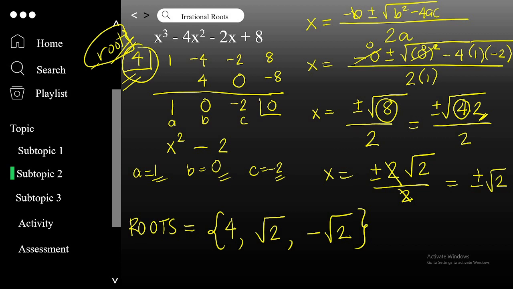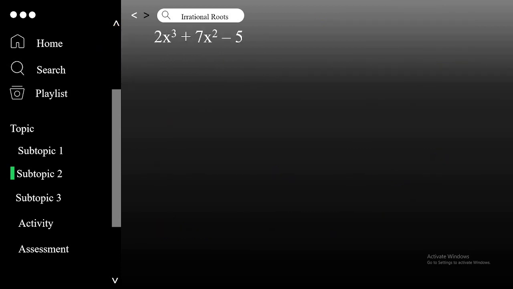Let's have another example. This one. We have 2x cubed plus 7x squared minus 5. So let's use -1 for this. Let's start with -1. So I have 2, 7. No, it's not -5. It should be 0 since the variable x is missing.